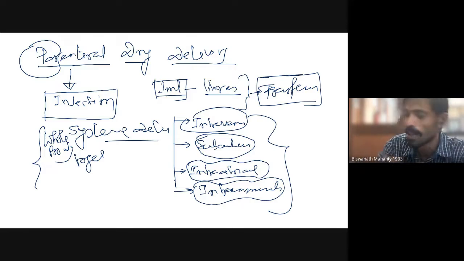Subcutaneous can be done on the skin, below the skin. There is a difference between their injection modalities. Some pictures are also there. Subcutaneous means below the skin layer, so we inject below the epidermis layer. Intramuscular means we inject into muscular tissues.